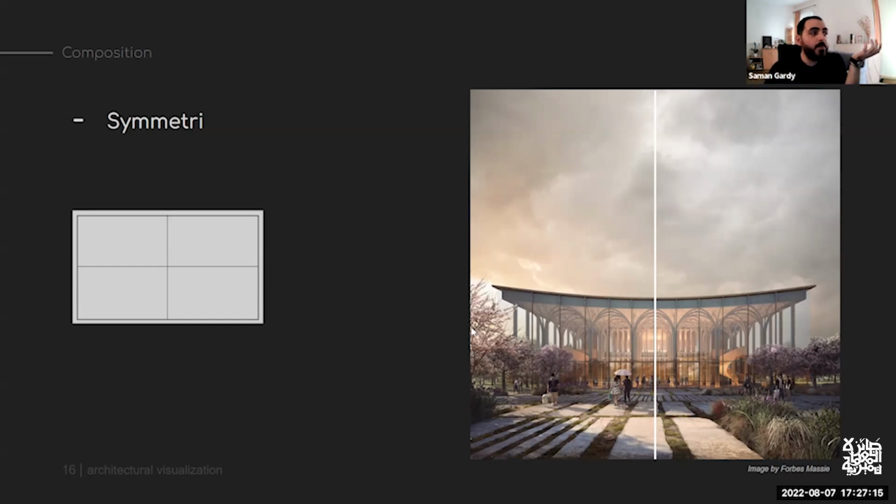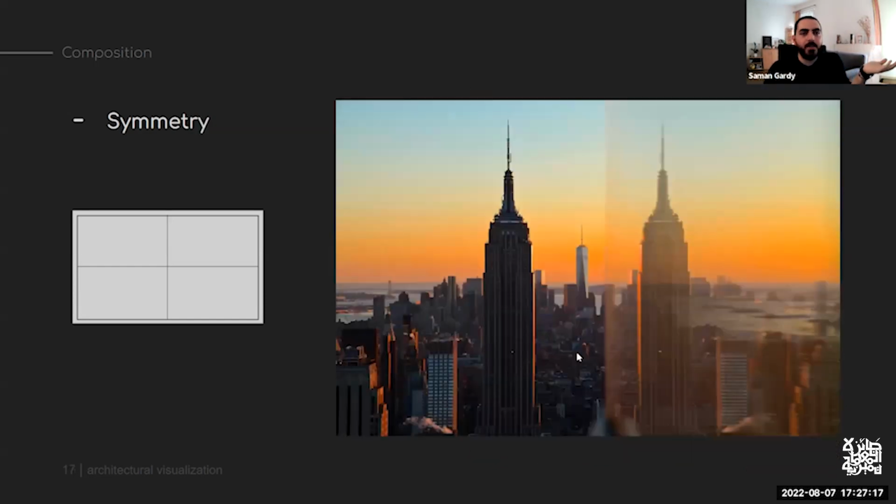So you can be creative just like here. It's not necessary to always put the building in the middle of the frame. You can be creative and find another angle, but you are still creating a symmetric image. So it all depends on your imagination.